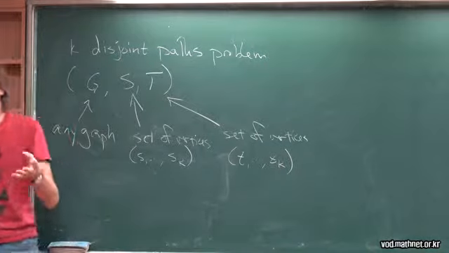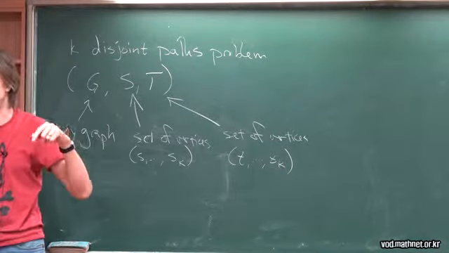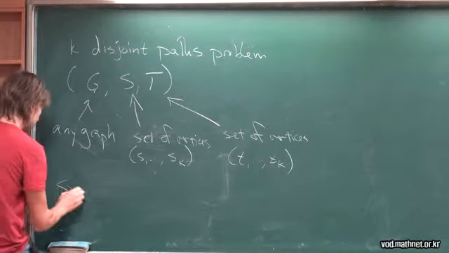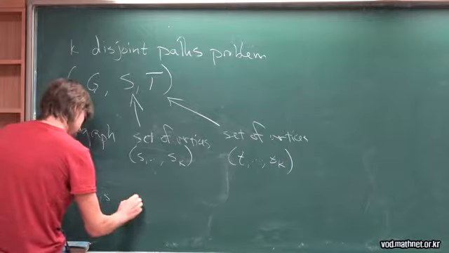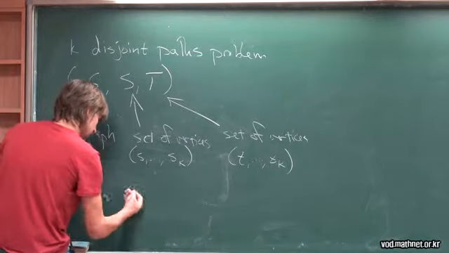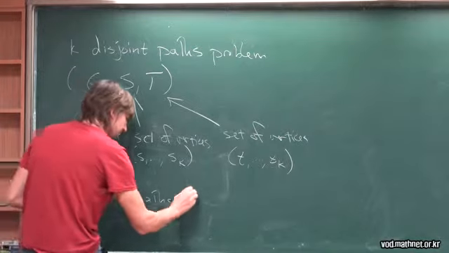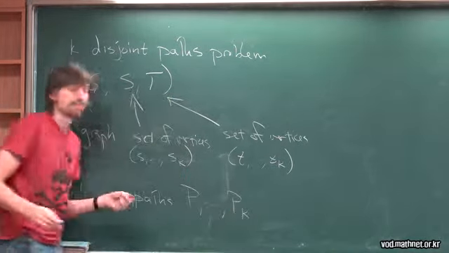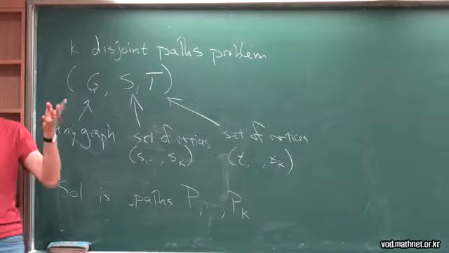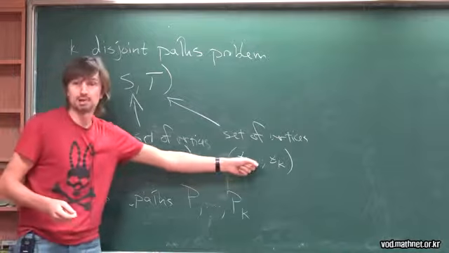Okay, so I have this input, I have two sets of k vertices, and what I'm trying to do is find disjoint paths in the graph. So a solution is, let's say, paths P1 up to Pk. They're pairwise vertex disjoint, and now each of these paths, Pi, is supposed to link up the corresponding pair of vertices.